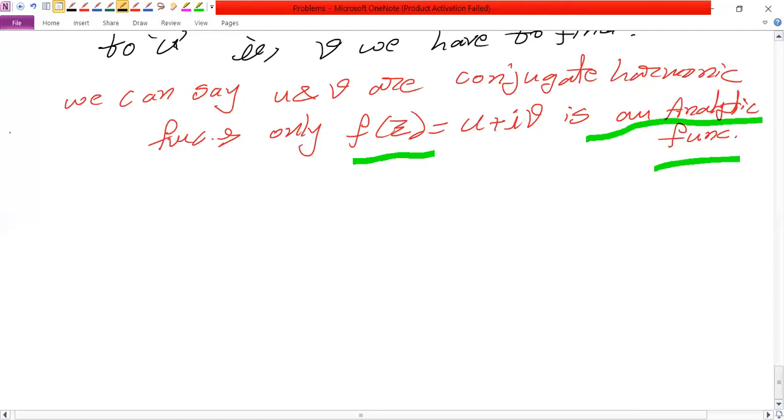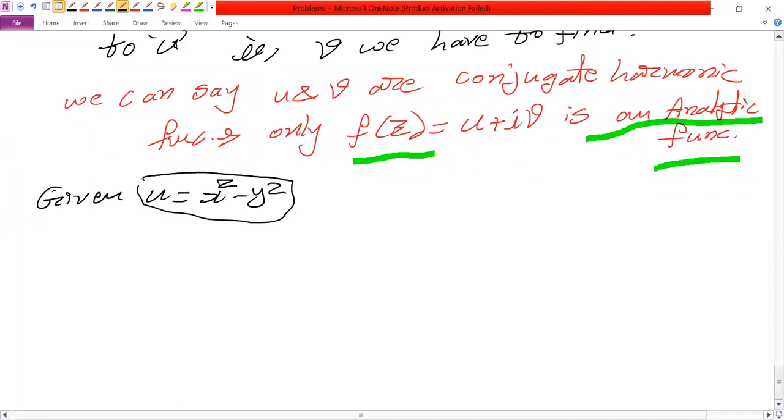Given function, given u equals x square minus y square. Now I am finding dou u by dou x. What is dou u by dou x? 2x. Take this as equation number 2.